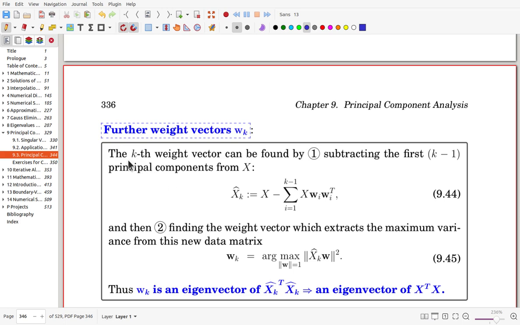Let's try to find the kth weight vector. Now from 1 to k minus 1, we assume we already have the weight vectors.